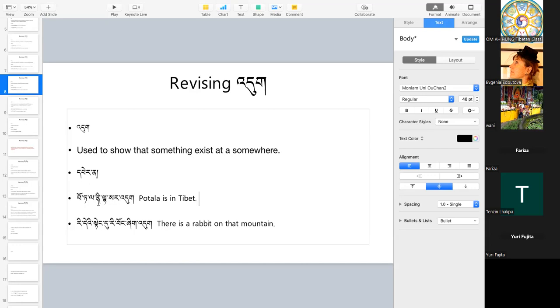Otherwise, sometimes we can also use the emphasis case, that is ni or nida. So Potala is in Lhasa. So we emphasize that the object Potala is at the position Lhasa.